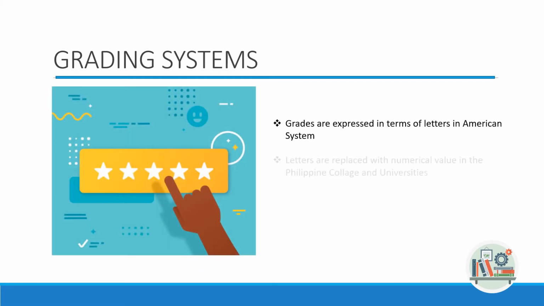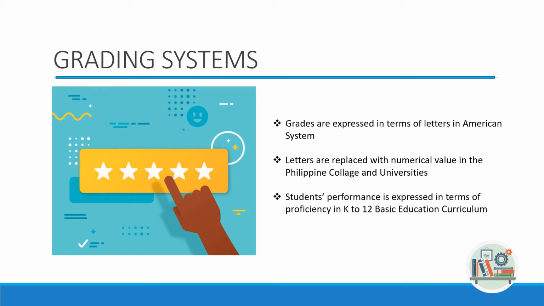Over the course of several years, grading systems have evolved in different school systems all over the world. In the American system, for instance, grades are expressed in terms of letters A, B, B plus, B minus, C, D, and down the line, or what is referred to as the 7-point system.